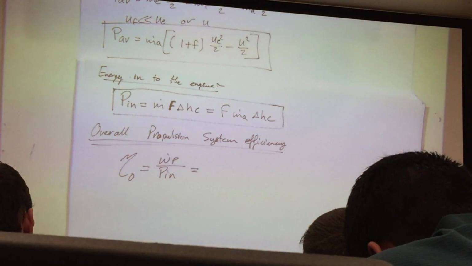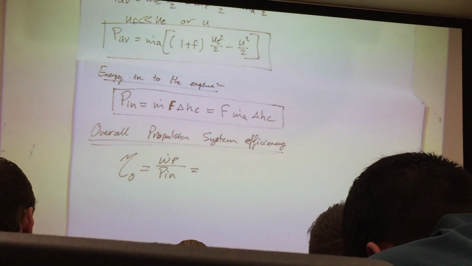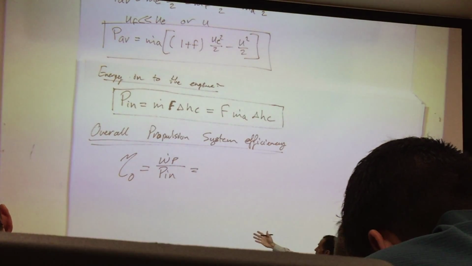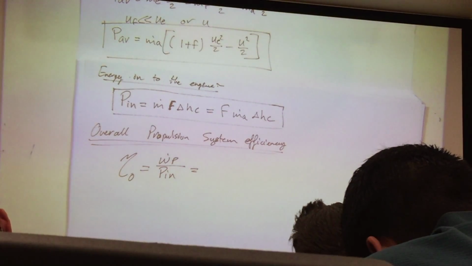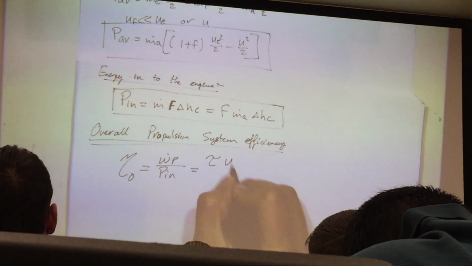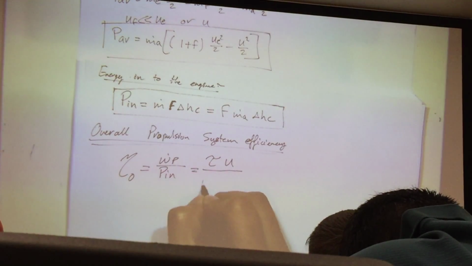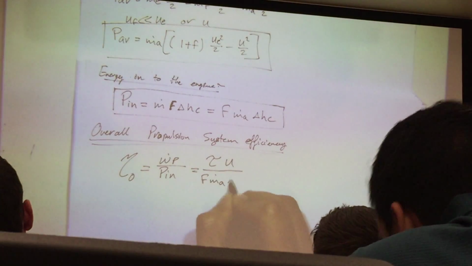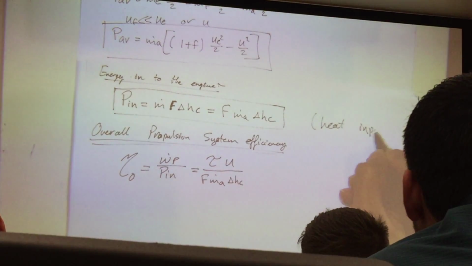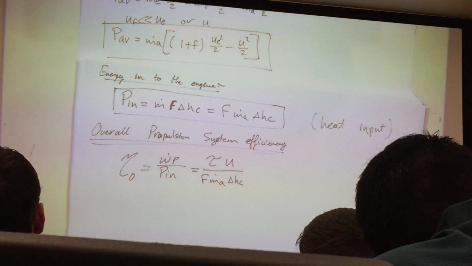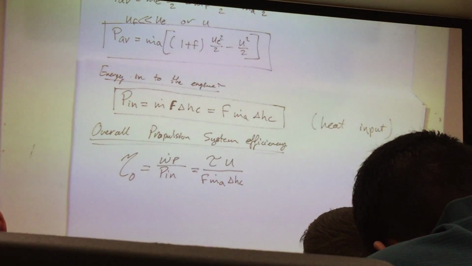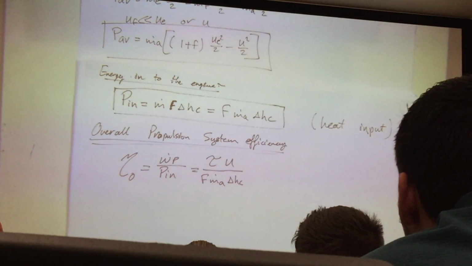So that's equal to what? This is my propulsive power, which we already said is tau multiplied by my velocity, versus my heat input, which we just listed up there. So tau multiplied by the velocity divided by my heat input. Let me just put P in. Yeah, let me write this. Okay, so now you understand why we did the heat of combustion and all that for this.